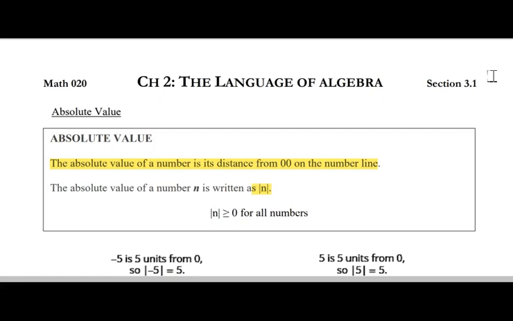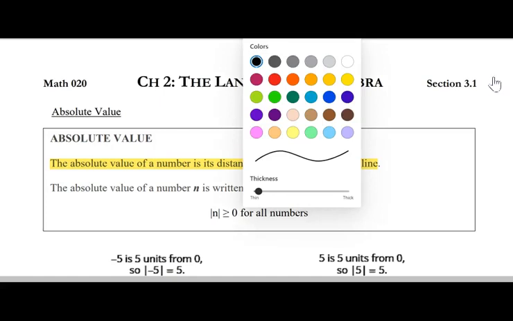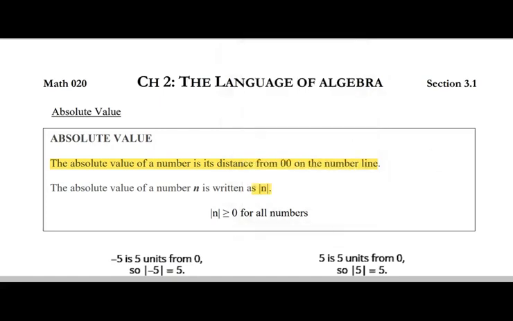What we do know is the absolute value is positive for all numbers. So algebraically, we represent that as greater than or equal to 0. In words, we translate that as positive, because it represents the distance between the number and 0. So that means that distance is always positive.